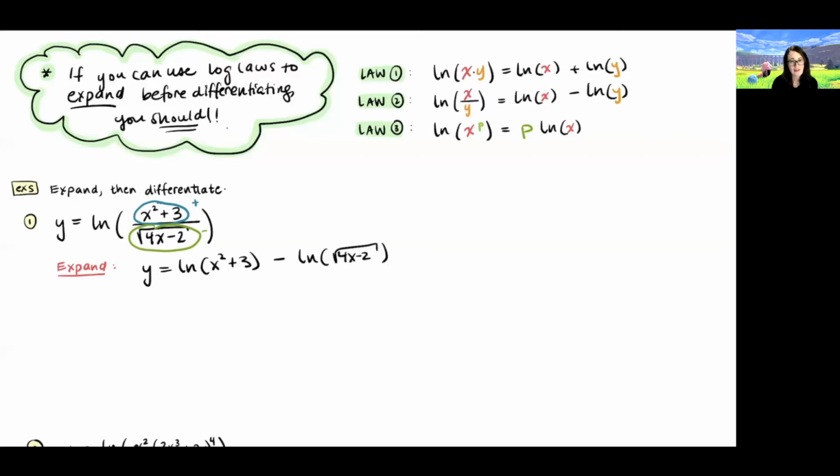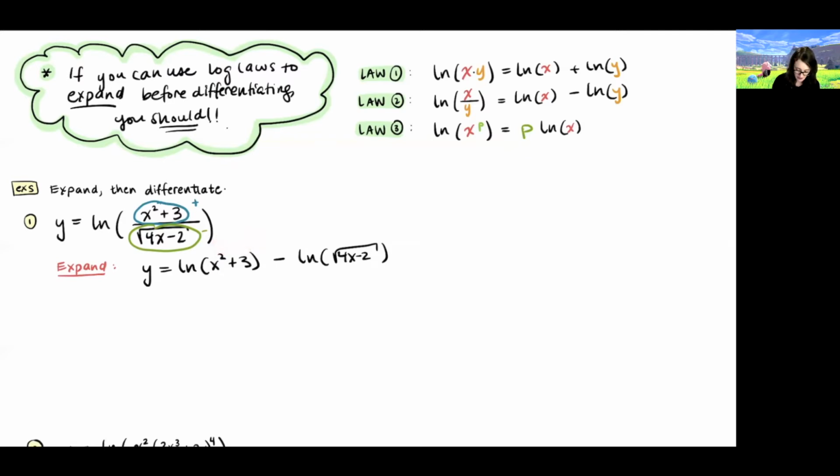Once you do that, the only thing you need to check for is if there are any exponents. In the first natural log, we do have an exponent of 2, but everything in the natural log needs to have the power on it. It's not like this is x plus 3 squared, in which case we could bring the 2 down.